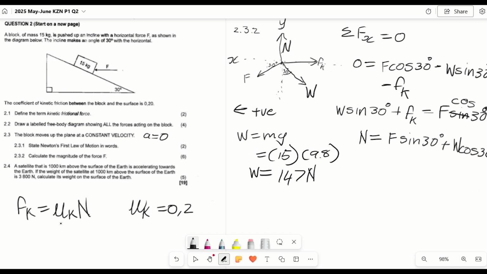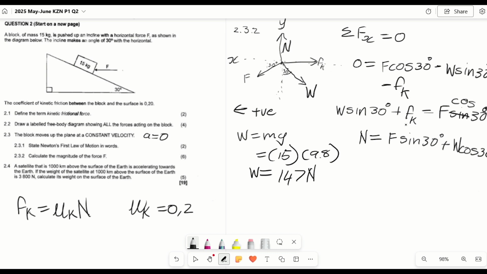Alright, so we got the value of n, we got mu k. We still have n as a function, so we'll substitute that in. Let's go back to the equation where we needed fk. That's this one here. So we have weight, it's that value, we can calculate sine 30.